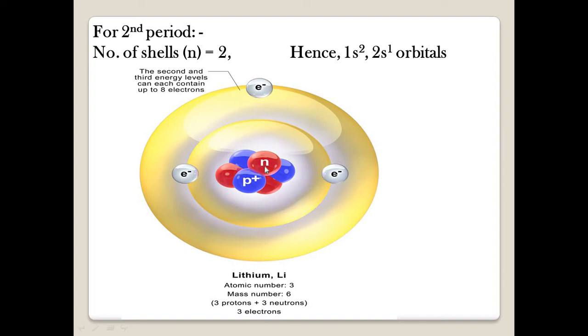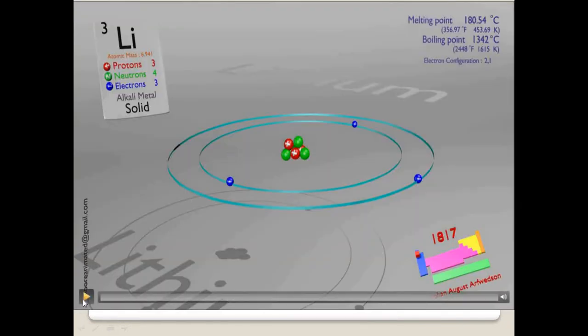This blue is the proton and this red is the neutron, whereas these three are the electrons. The first shell has a capacity of only 2 electrons, so it enters the second shell. This contains 3 protons, 4 neutrons and 3 electrons, which has atomic mass 6.941, that is 7.